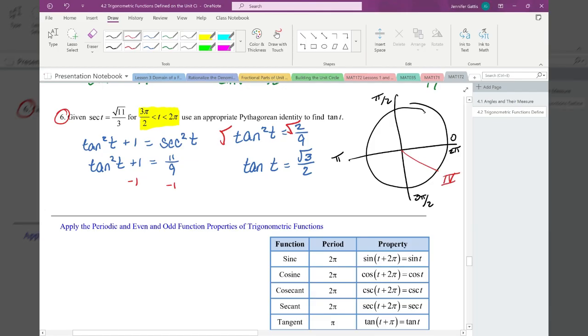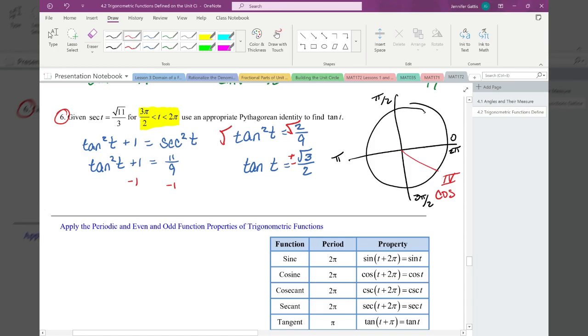Okay? And in the fourth quadrant, we know that the only functions that are positive are cosine and secant, okay? Because one thing that we also need to remember is that when we take the square root of a number, we take the square root of 2 over 9, it actually gives us plus or minus square root of 3 over 2.